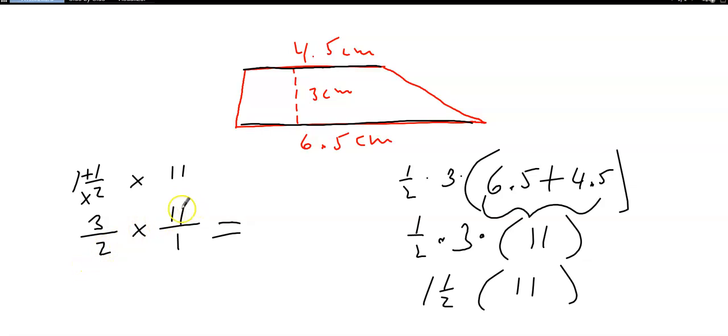Cross-reducing is not possible because 2 and 11 cannot divide by anything. 3 and 1 would be redundant here. So we just multiply straight ahead. 3 times 11 is 33. 2 times 1 is 2.